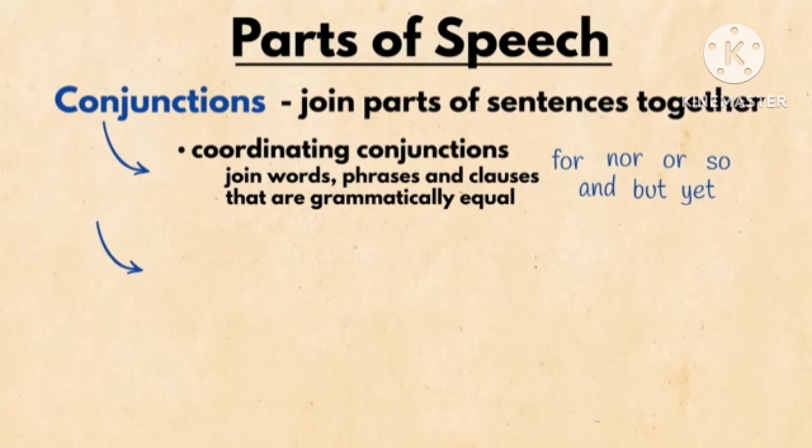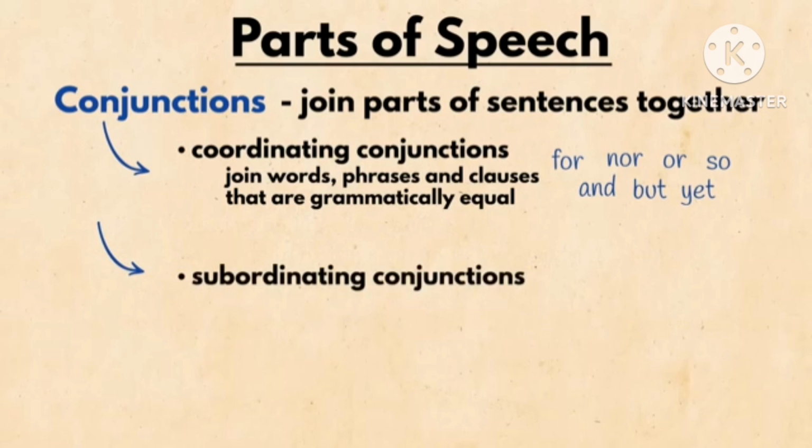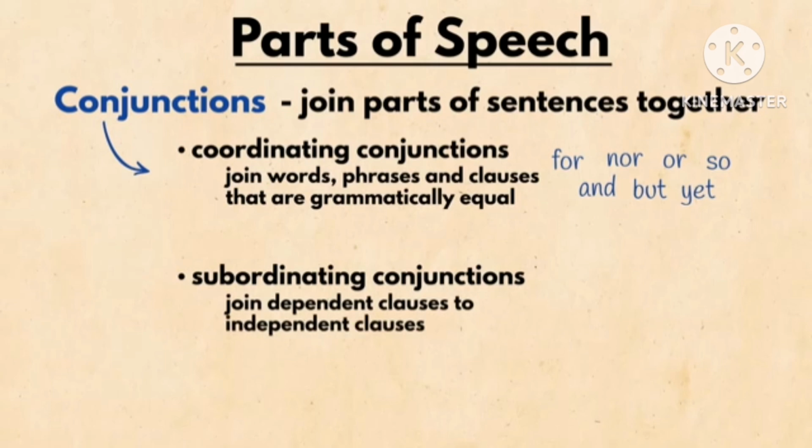Some conjunctions are subordinating conjunctions. Whereas coordinating conjunctions join parts of sentences that are grammatically equal, subordinating conjunctions join dependent clauses to independent clauses. Dependent clauses cannot stand alone. They depend on an independent clause.